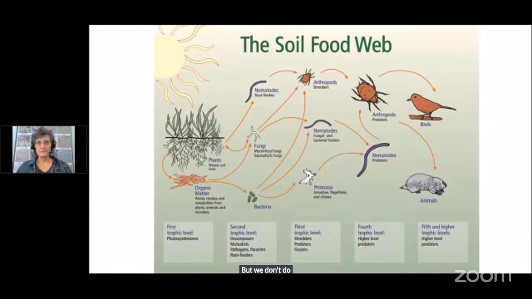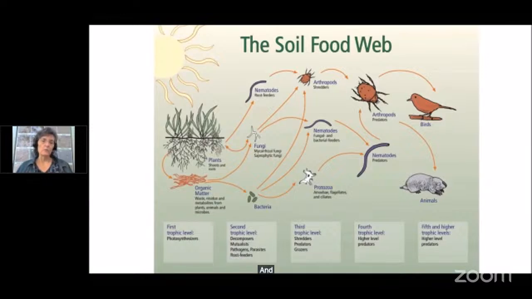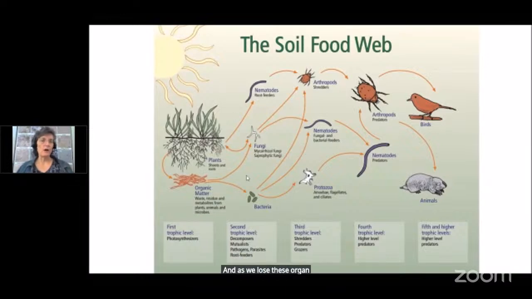We often till up to 14 times in agricultural systems, maybe even more than that at times. And every time we till, we're crushing, we're destroying, we're slicing and dicing all of these organisms in the soil. And as we lose these organisms, we lose all the benefits, all the things that nature has developed over the last billion plus years to grow plants in the soil.